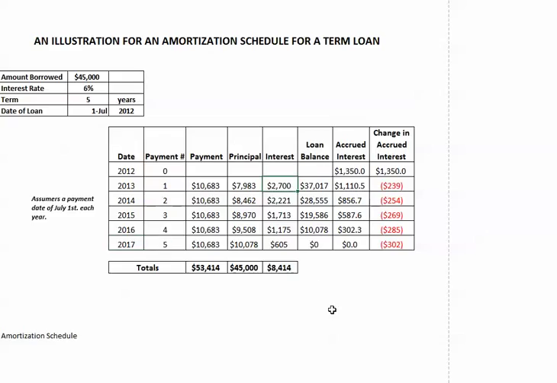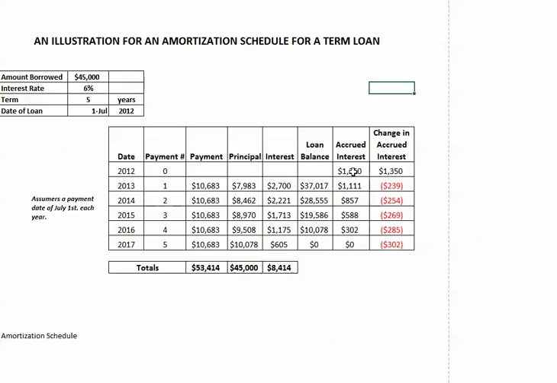You know from July to December is half a year, so actually in December, 1/2 of that is what would be due. I'm going to do away with the decimals here and let everything be rounded. So you have a $1,350 accrued interest that would be accrued as of December 31st, 2012.